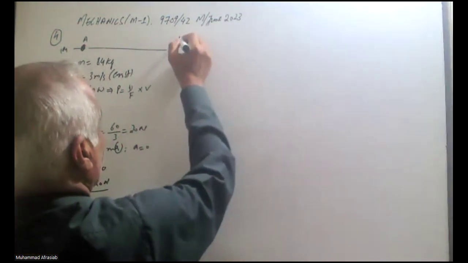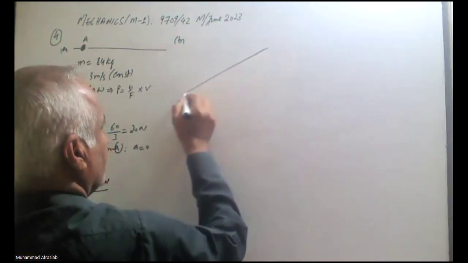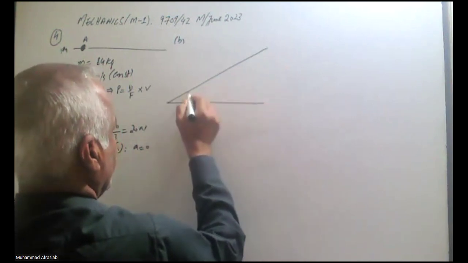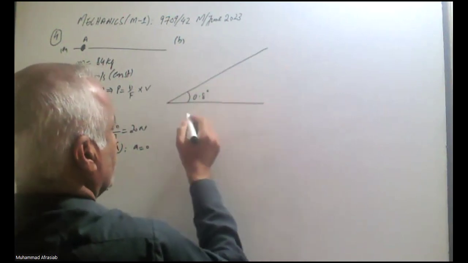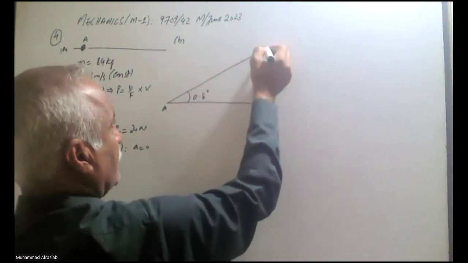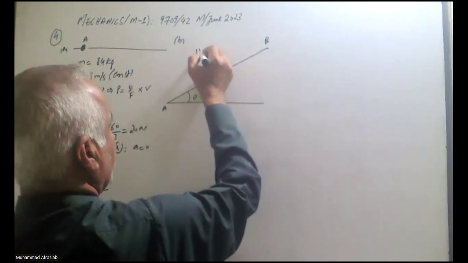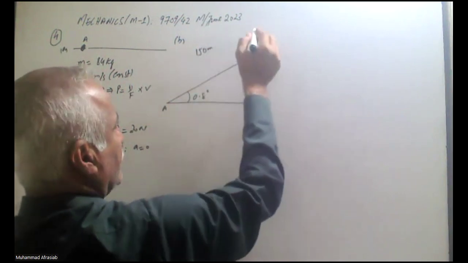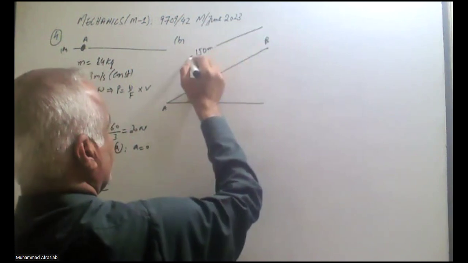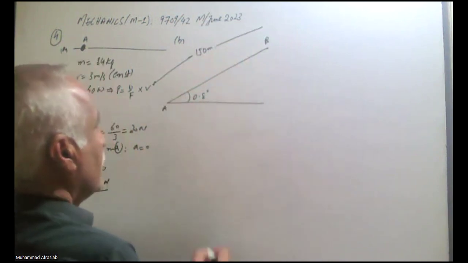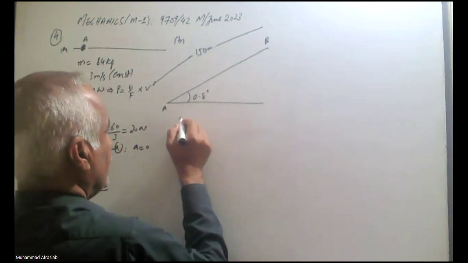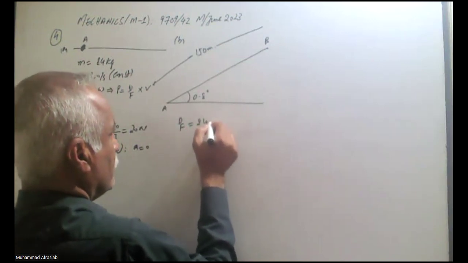Since now he is going to move on an inclined plane at an angle of 0.8 degrees to the horizon. So this is 0.8 degrees to this horizontal. Let's say A to B is the total distance traveled, and that is of 150 meters from A to B. And there is a constant driving force which is equal to 24 Newton.